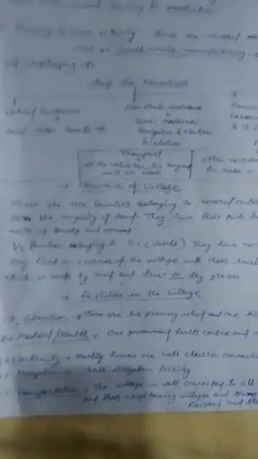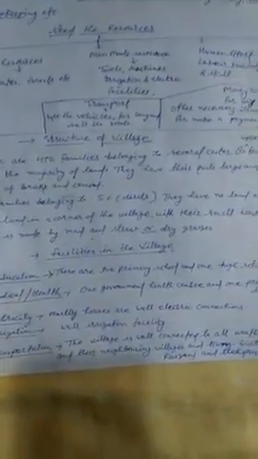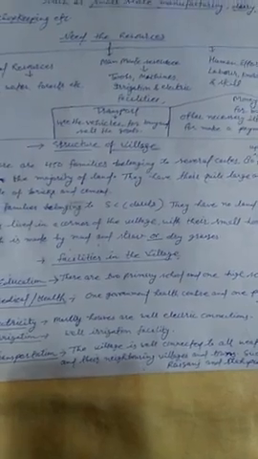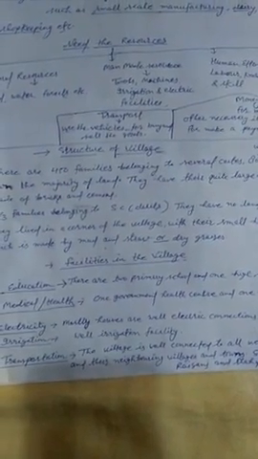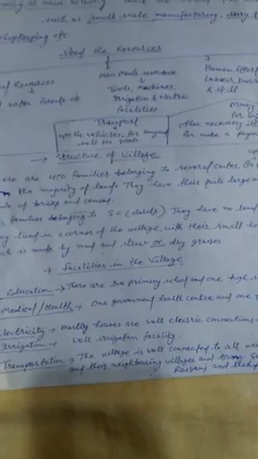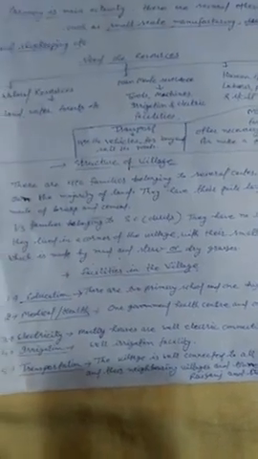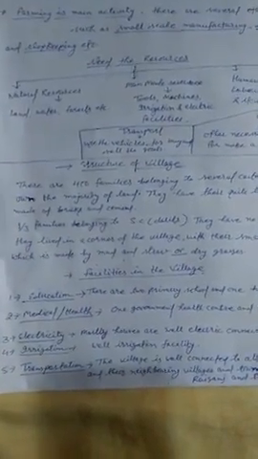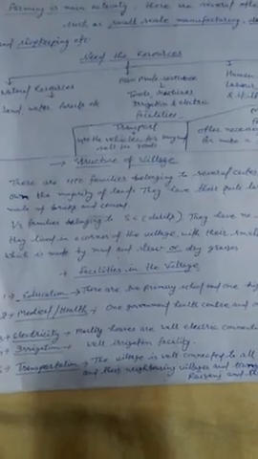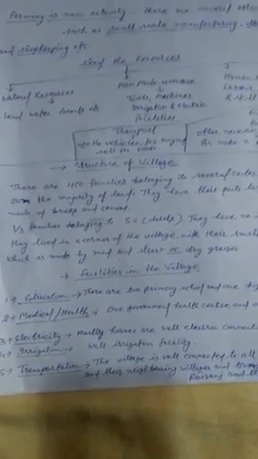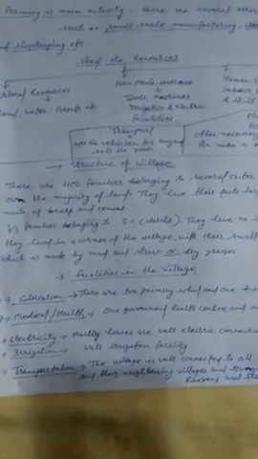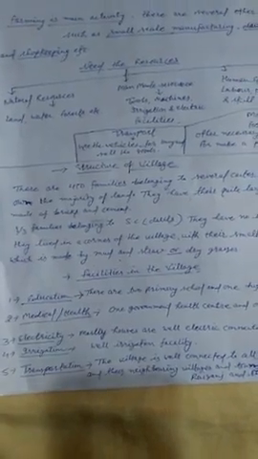And most houses have electric connections, and the irrigation facility is good in this village. So you can understand what the basic requirements for us are: education, medical, electricity, everything is good in this village. And now the next one is transportation.